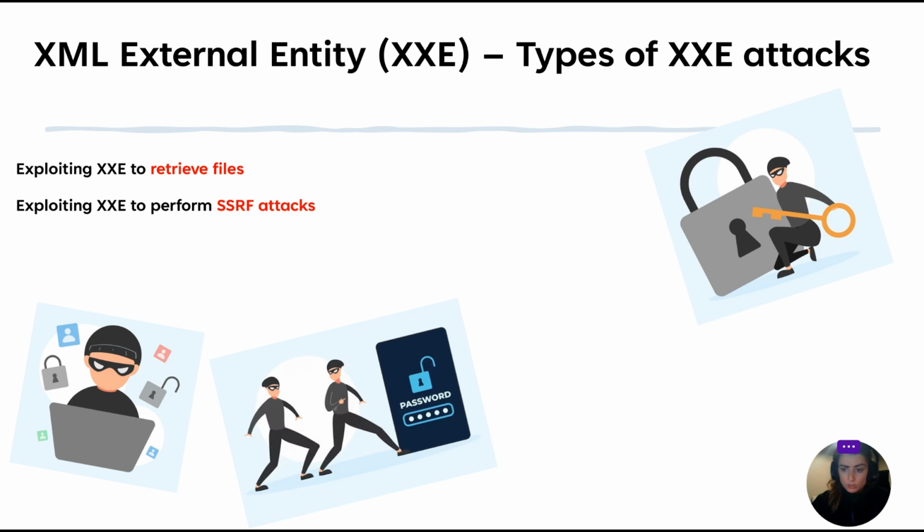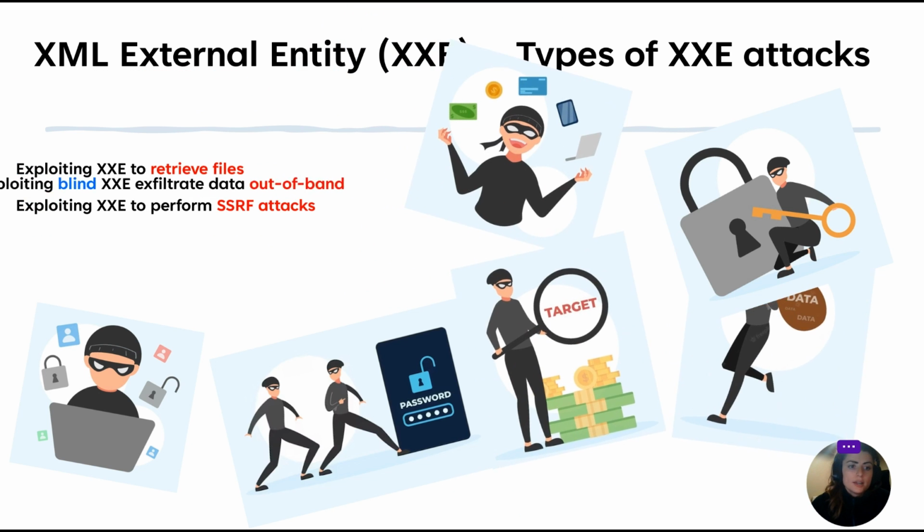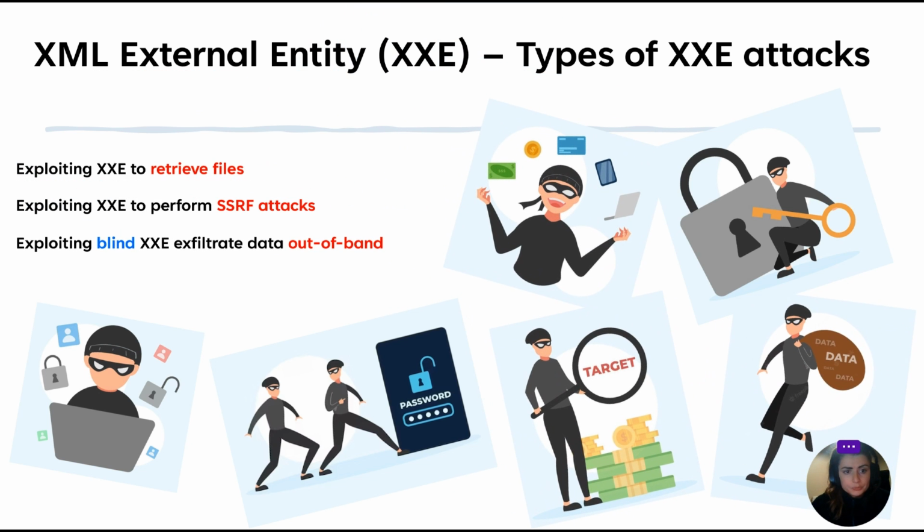I'll explain how it works and what it is. And we can also exploit blind XXE to exfiltrate data. This is out of band. If you want to know more information about blind technique, any out-of-band techniques, you can also see my other video.